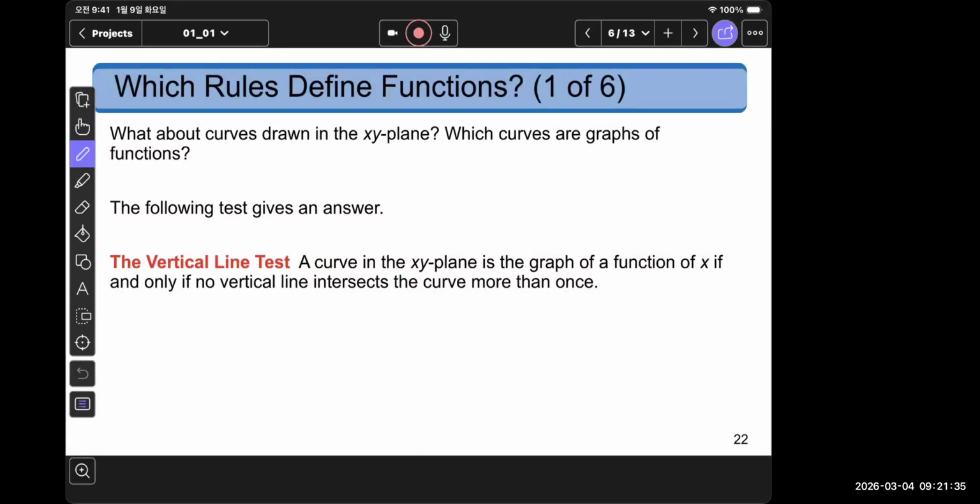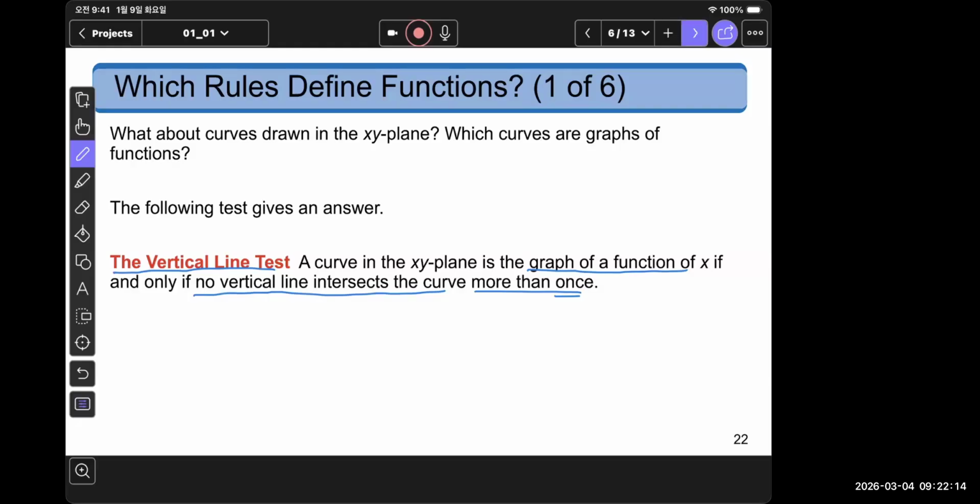Now, given some curve in the xy plane, some curves represent the graph of a function, while some curves do not represent the graph. One simple test to check whether a given curve is the graph of a certain function is the vertical line test, which says a curve in the xy plane will be the graph of a function of x if and only if no vertical line intersects the curve more than once.